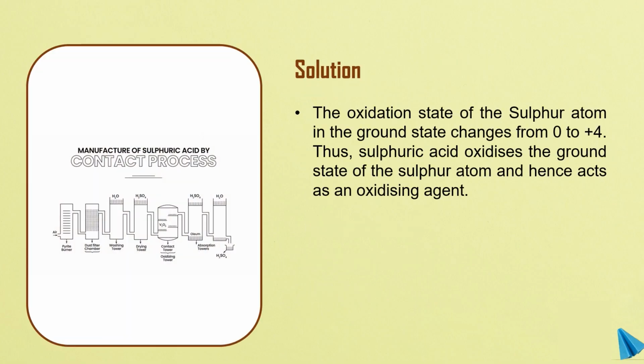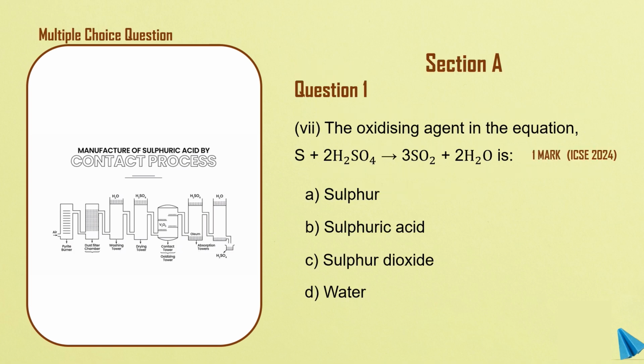So let us see the solution. The oxidation state of the sulfur atom in the ground state changes from 0 to +4. Thus, sulfuric acid oxidizes the ground state of the sulfur atom and hence acts as an oxidizing agent. So, sulfuric acid is the right answer.